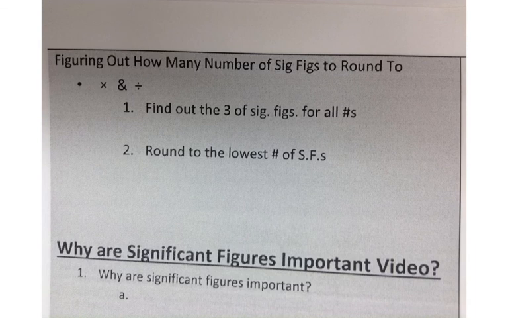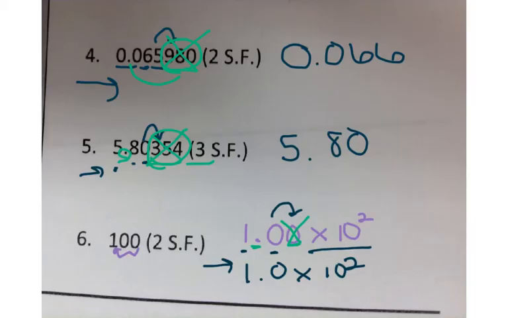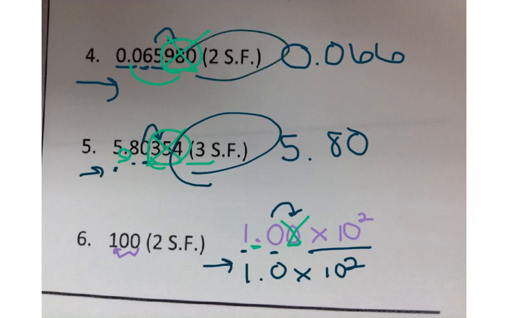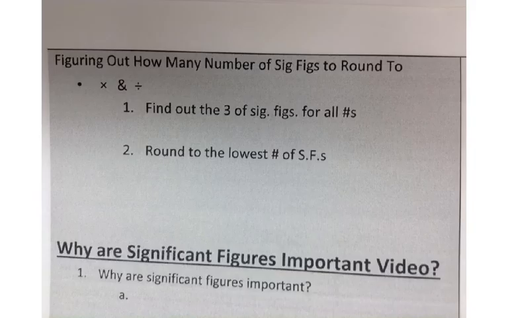The last thing is how, when you're doing a multiplication or division, to know how many sig figs to round to. As you look in the previous examples, I told you how many sig figs to round to. But when you look at any other example that you're going to be doing in class, I'm not going to tell you how many sig figs. So you're going to follow these steps in order to learn how to round to the sig figs.